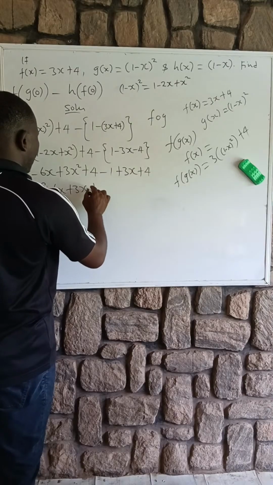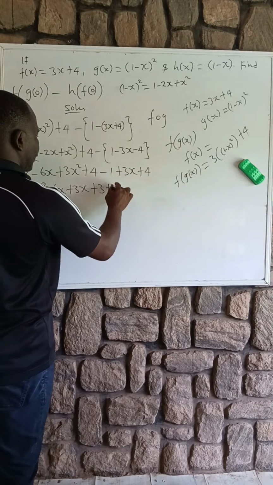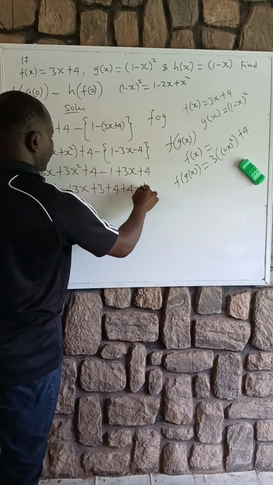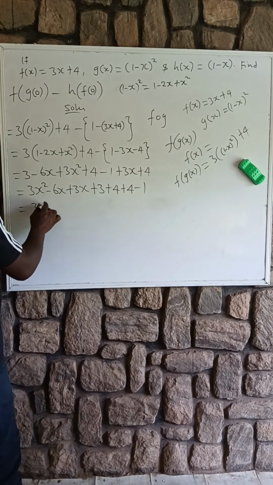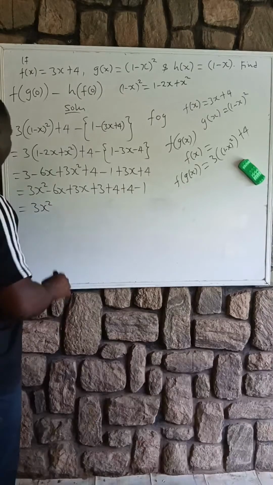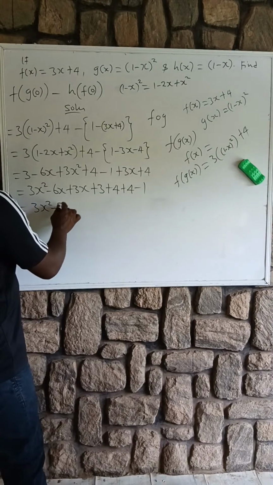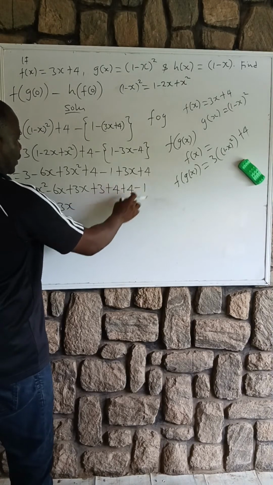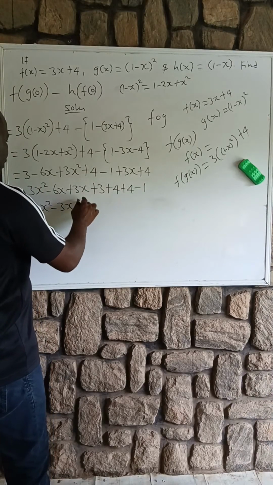Then plus 3 plus 4 minus 1. Can you see now? So this will give us 3x squared, minus 6x plus 3x, which is minus 3x. Then here 4 minus 1 is 3, 3 plus 3 is 6, plus 4 is 10.